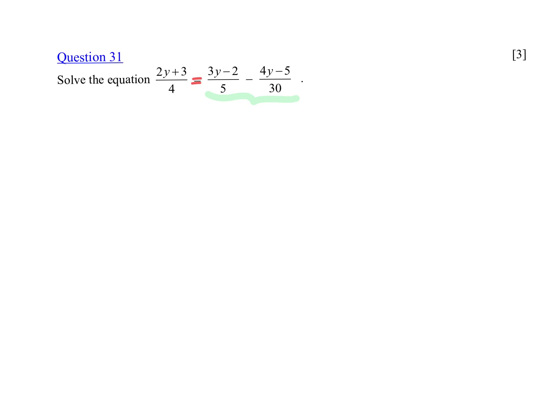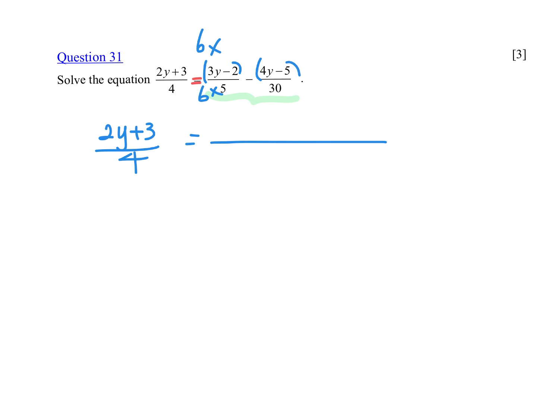What I can do, I can multiply this. Let me write down brackets. I'll multiply this by 6 to change the denominator into 30. So this part stays the same for me, no change. And this one over here, I'll just write it down first. 30, 18y minus 6 times 2 is 12.